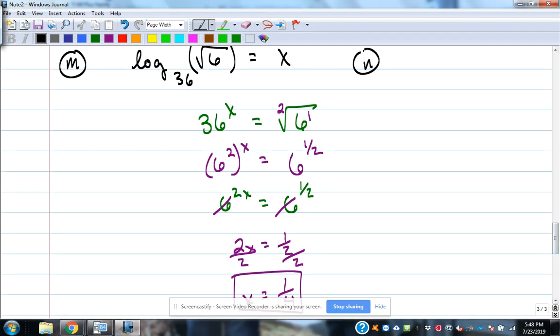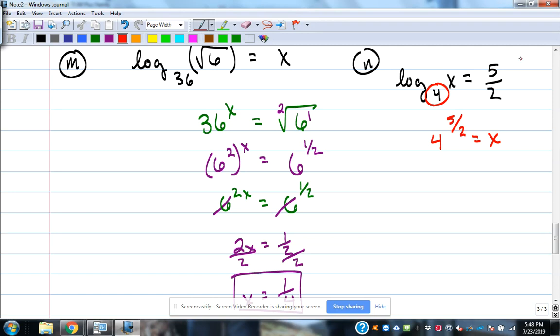Let's take another example. Log base 4 of x is equal to 5 over 2. I don't know much about that other than I can rewrite it as 4 to the 5 halves is equal to x.